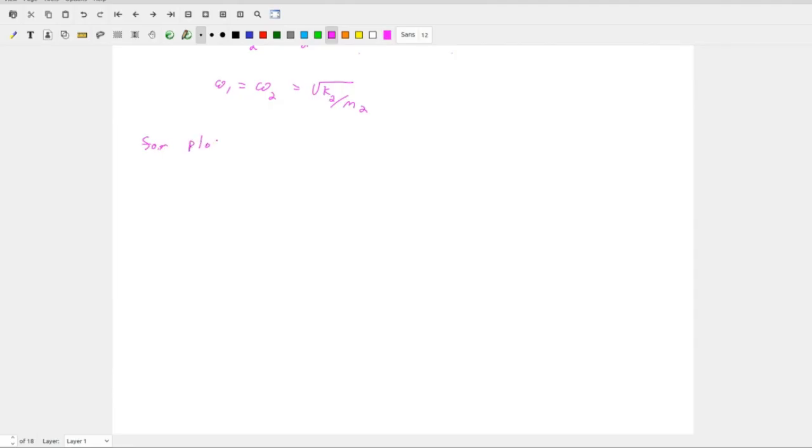For plotting reasons, normalize force by stiffness, just like we did before. Because what this does is give you one plot that you can use for a variety of systems. You just input your force, you input your stiffness, and then you can see what your K's are and what your response is going to be.